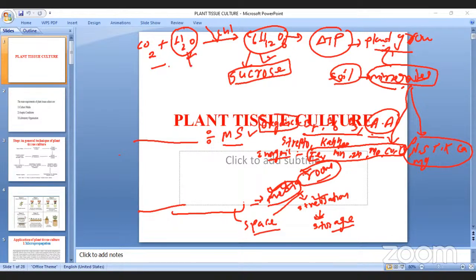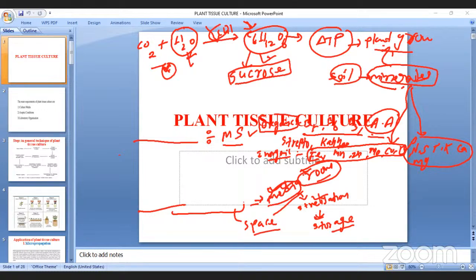So water with minerals we add. With no carbon dioxide and no chlorophyll, it cannot prepare food material. That's why the already prepared sucrose we add to the media, so that it can get ATP energy, right?